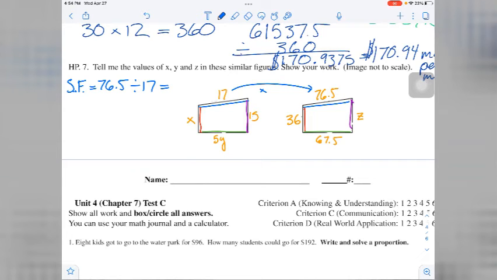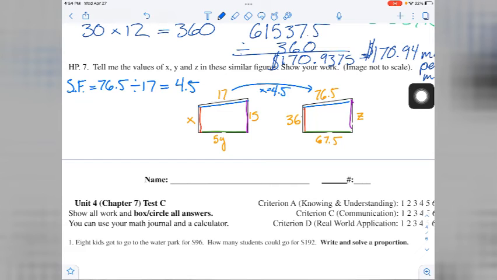So when I do that math, I come up with 4.5. 76.5 divided by 17 equals 4.5. So that means that I am multiplying 17 times 4.5 to get the corresponding side on the new shape.